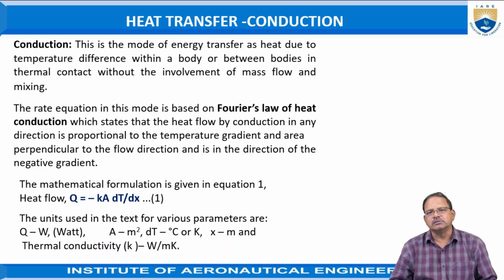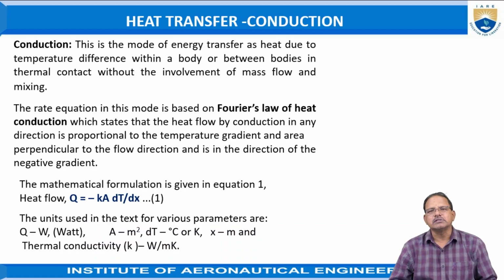Or in other words, the quantity of heat energy that is flowing is proportional to the area of the cross section, the thermal conductivity of the material, and the temperature gradient. The temperature gradient is defined as the ratio of change in temperature per unit length of the object.